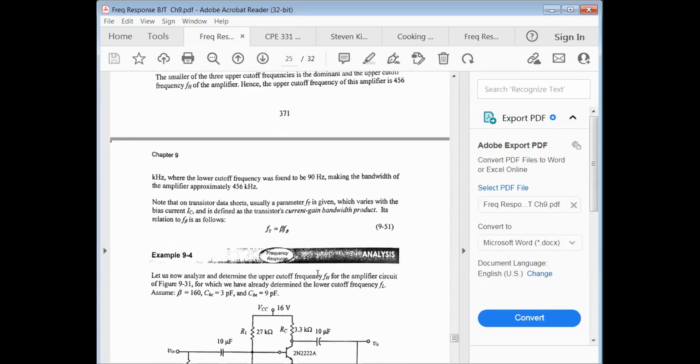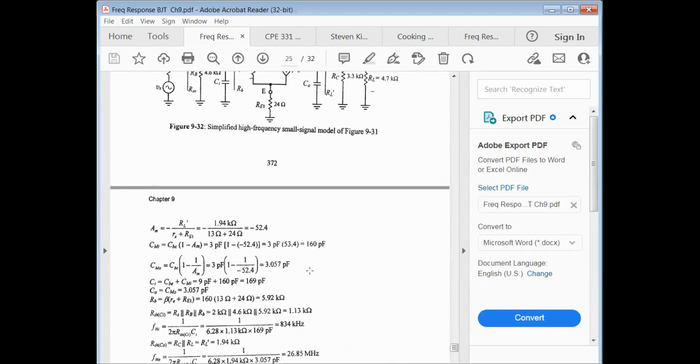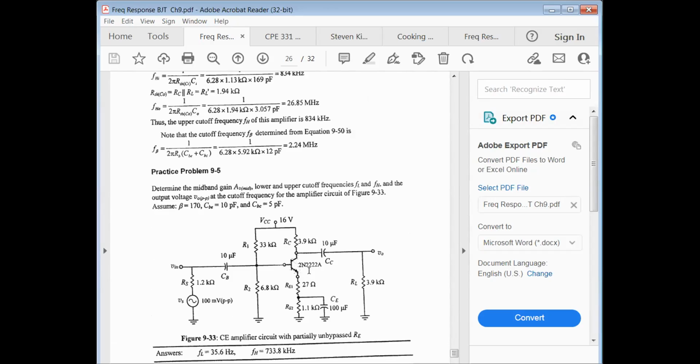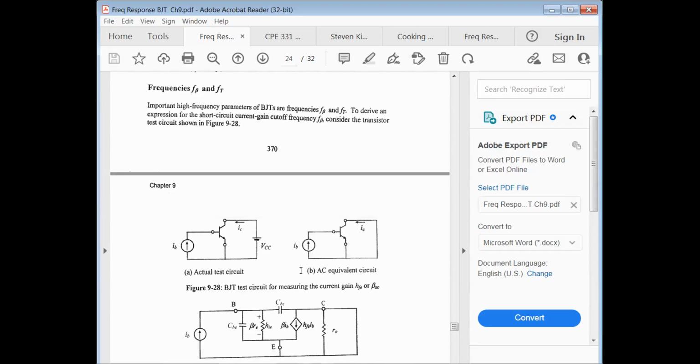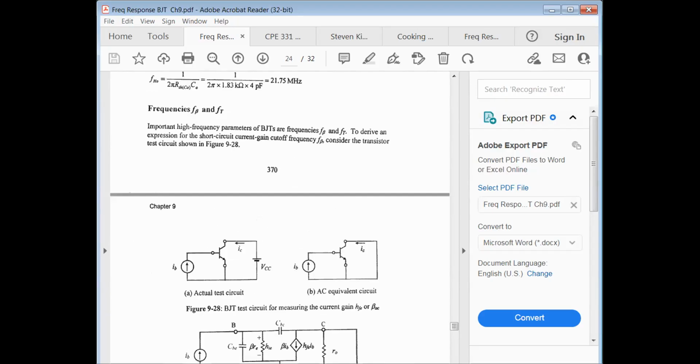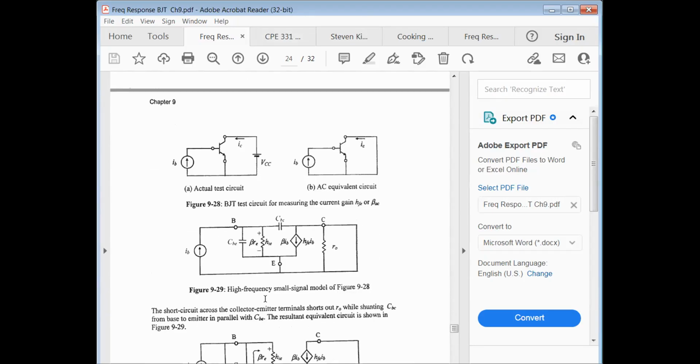Okay. So let's see, can I find it? Nope, it's not here. So let's switch back to the document camera for a second. Let's talk about this for just a second.